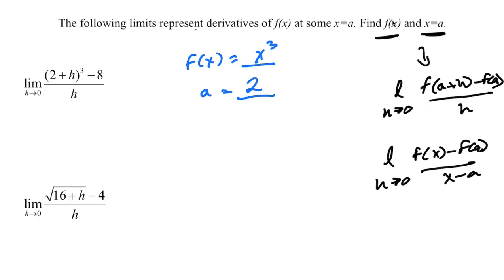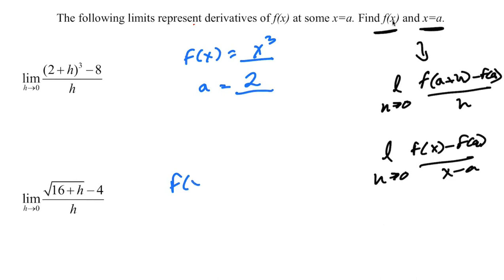So same thing with the next one here. The whole idea of this problem is to go, okay, this is a limit of a difference quotient. This is a derivative. What's my function and what's my a? I always think a is the easiest. A is just the thing next to your h. So in this case it would be 16. And then what's my function?